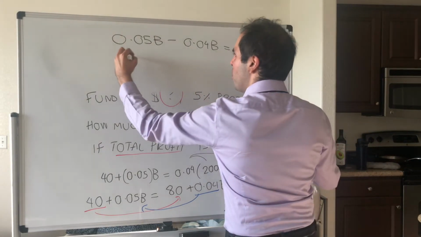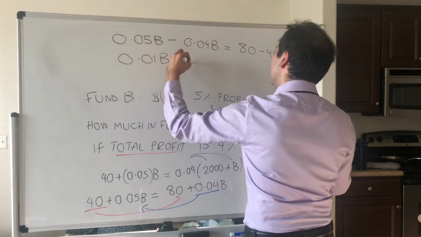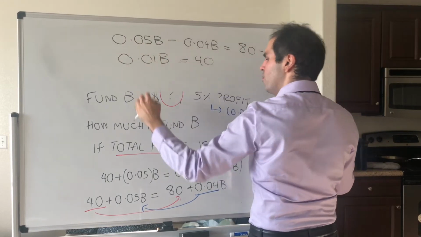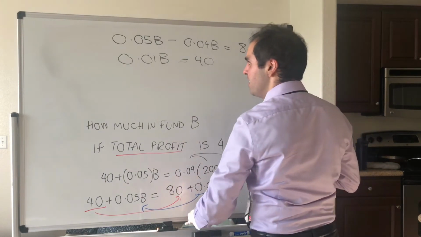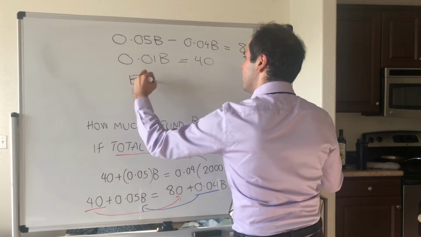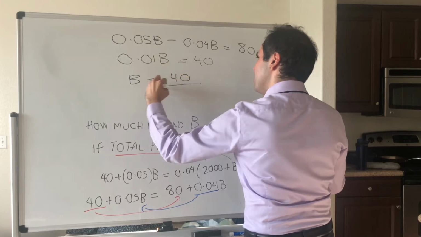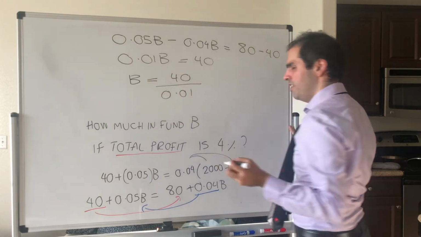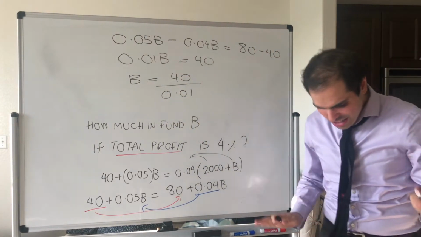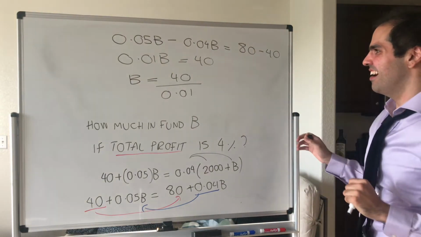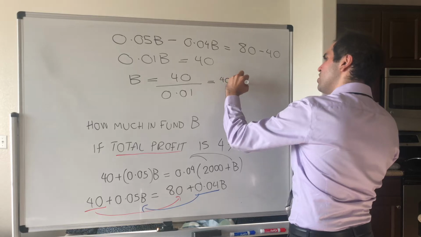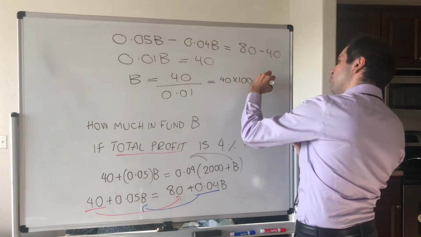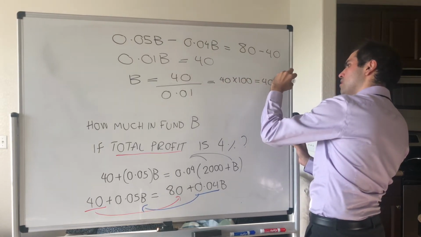So 0.01B equals 40, which ultimately tells you that in fund B, there is 40 divided by 0.01. And hopefully you are not using your calculator to calculate this, because this is the same thing as 40 times 100, which is 4,000.